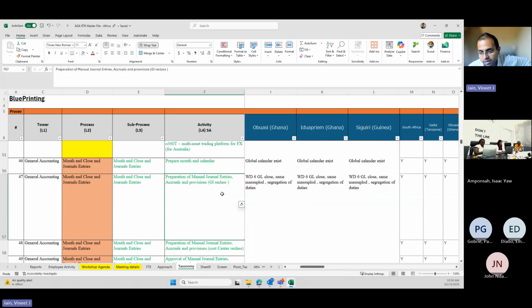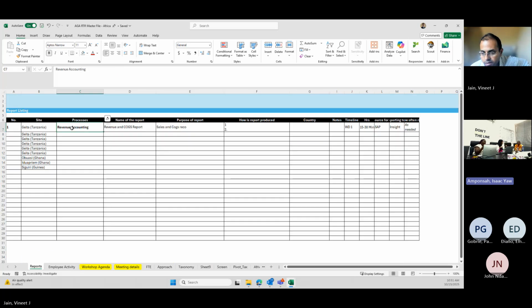And there was one more plan today for the reporting side. So do we have a list of reports which we do? Do you do any kind of reports? For example, what you shared yesterday, the report on AP with the variances explained.